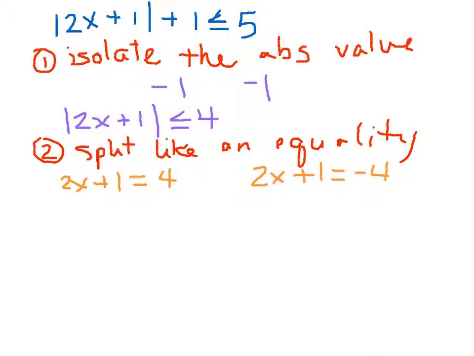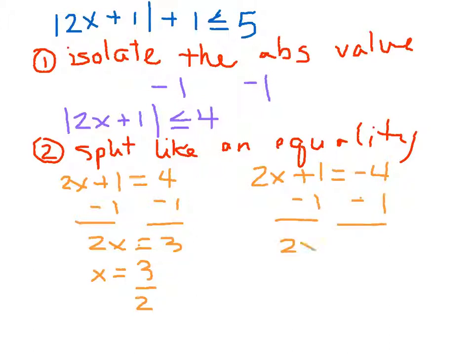And I'm just going to solve both of these. So I'm going to subtract 1 from both sides, and I get 2x is equal to 3. Therefore, x is equal to 3 halves. And then over here, I'm subtracting 1 from both sides, and I get 2x is equal to negative 5. Therefore, x is equal to negative 5 halves.